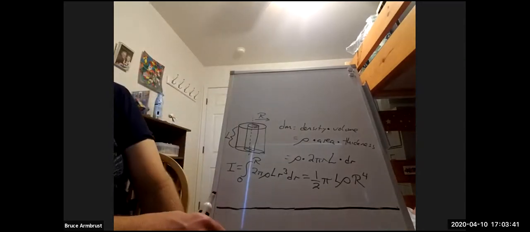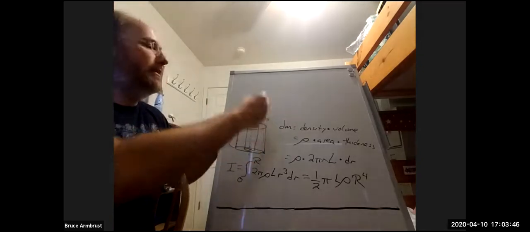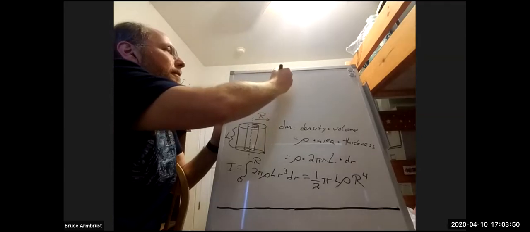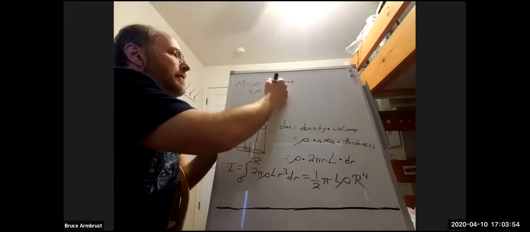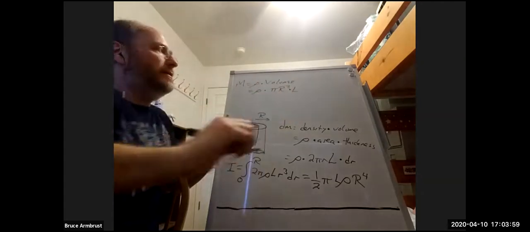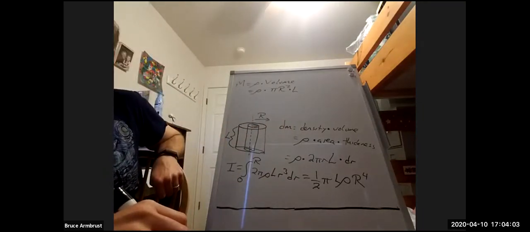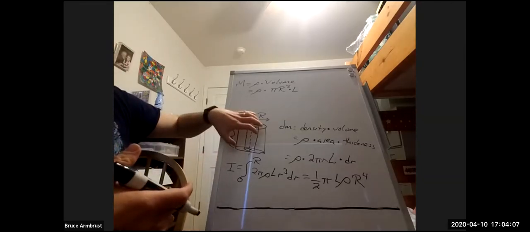So if we go to the whole thing itself, its mass is going to be density times volume. The volume, since it's a cylinder, is pi r squared times L. So that's what the mass of this entire thing is.